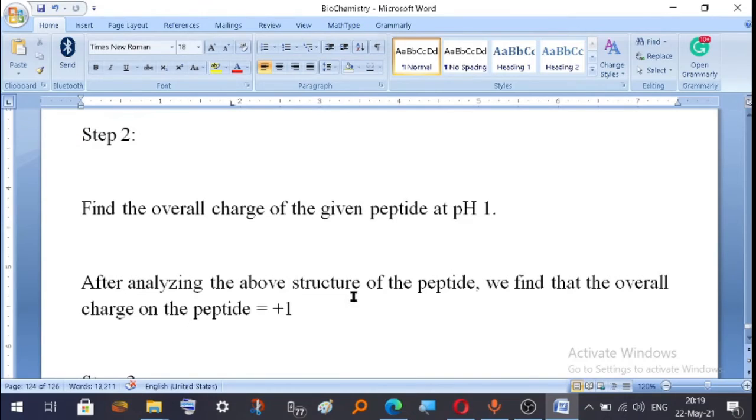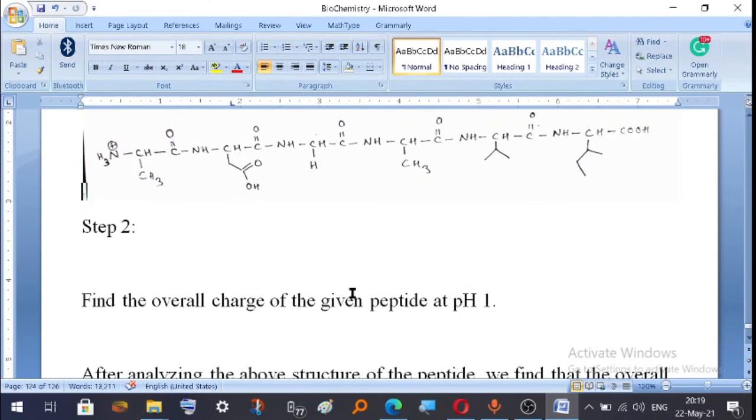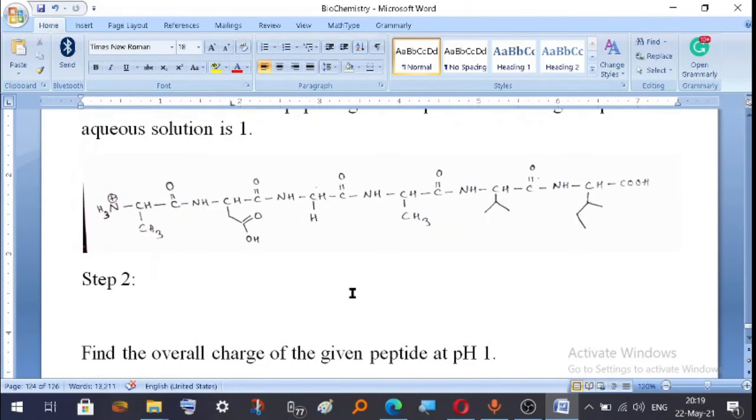In the second step, we calculate the overall charge on the peptide at pH 1. Since we have drawn the structure of the peptide at pH 1, it is easy to see that there is only one positive charge, on the amino group of the alanine.